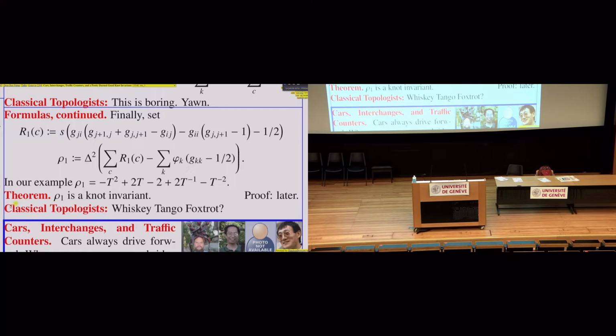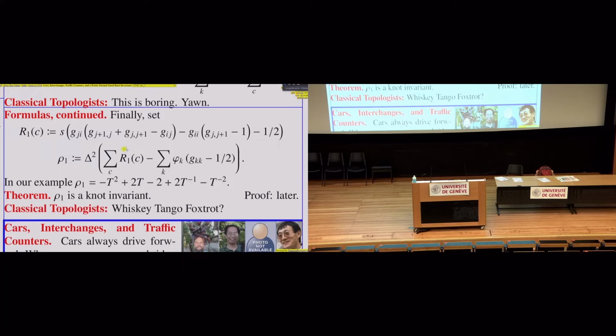Given a crossing, define R1 of C to be the sign S times a certain uninteresting, boring, ugly formula. But the good thing I can say about the formula is that it's just quadratic in the entries of G. So it's a product of some entries of G.